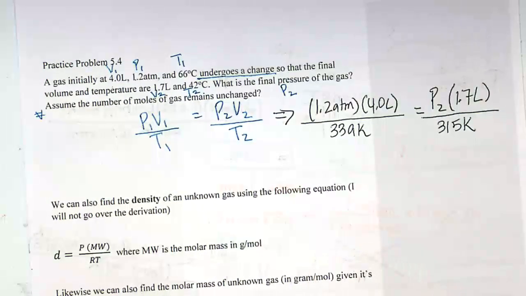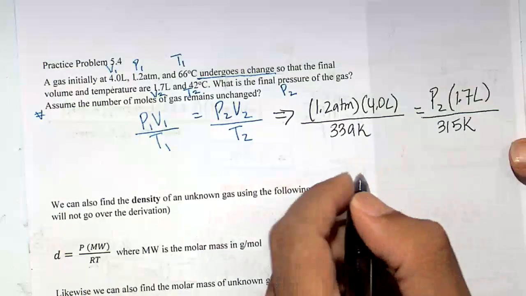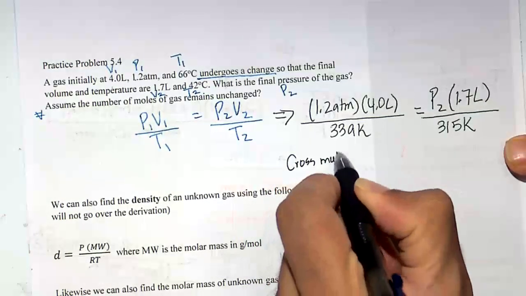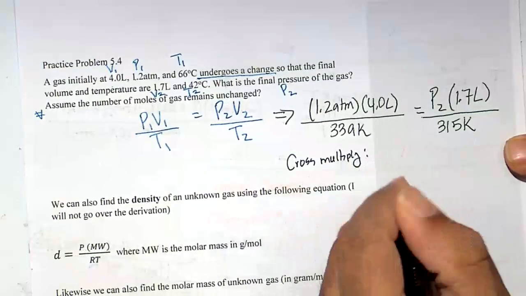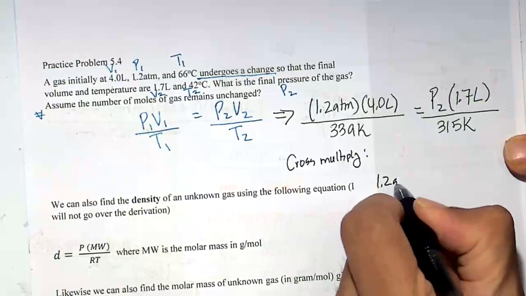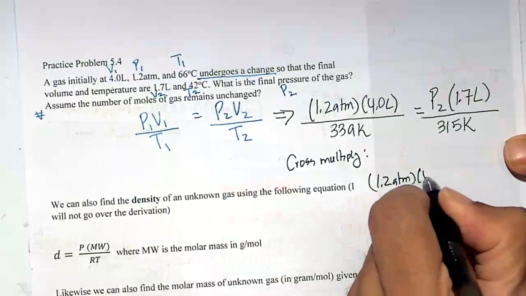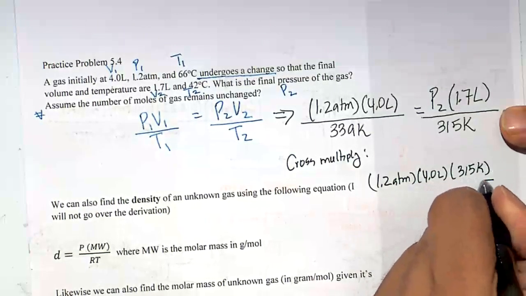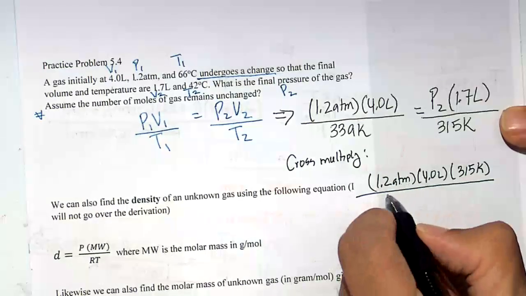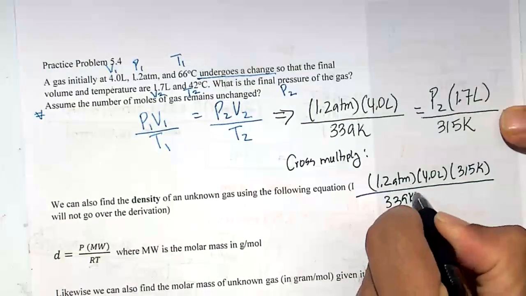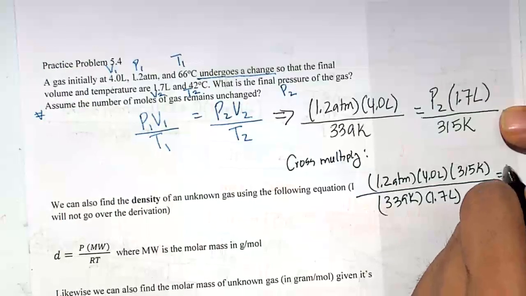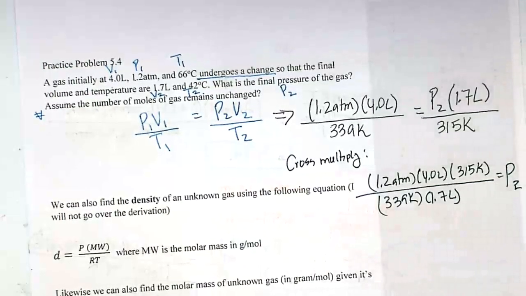All right, let's cross multiply this to solve for P2. So 1.2 atmospheres, 4 liters, 315 Kelvin, divided by 339 Kelvin times 1.7 liters. Okay, this is going to equal P2.